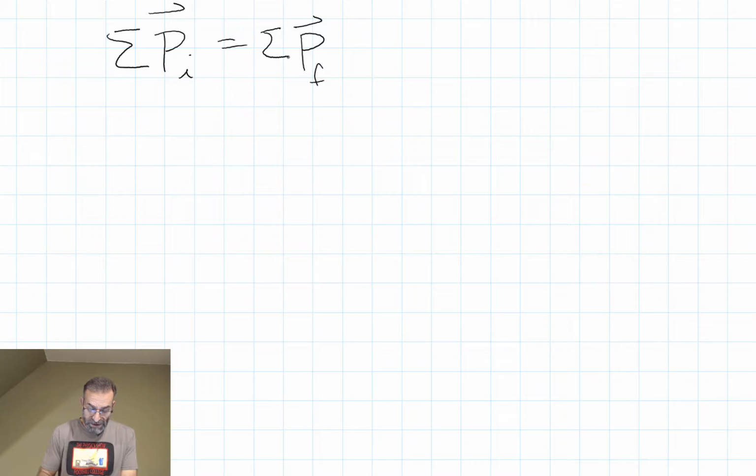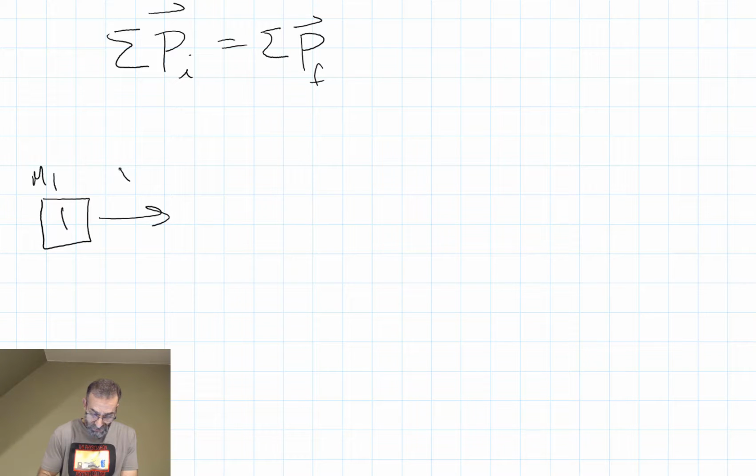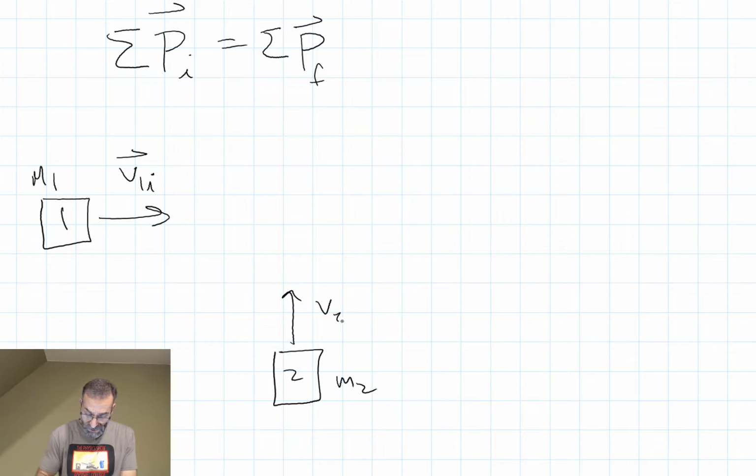We can add momentum. If we have our two objects in the previous example, mass 1, velocity 1, initial, mass 2, velocity 2, initial, we could add them up. We have a momentum from object 1 that points in this direction.